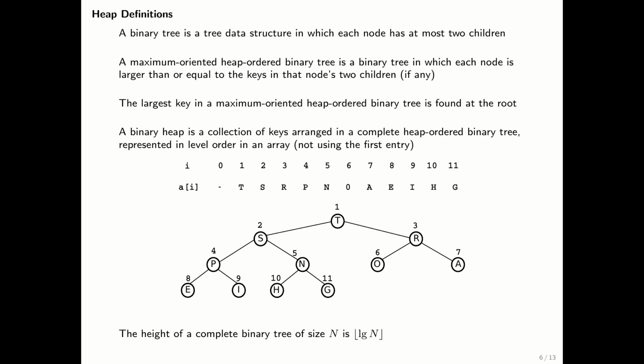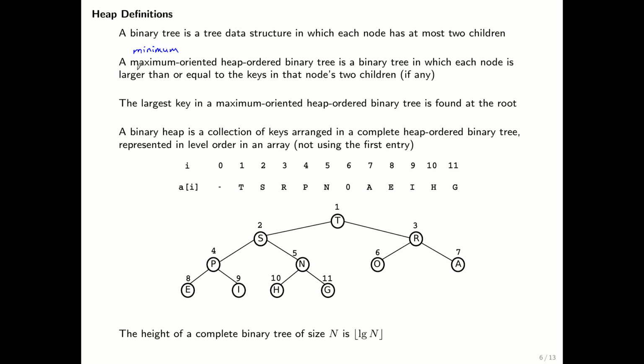Now the other thing that we want to note here is that just like how we have a maximum oriented heap ordered binary tree, you can also define a minimum oriented heap ordered binary tree. All right. So here each node is going to have a key that is less than or equal to the keys of its children. Okay. So it's a similar definition.